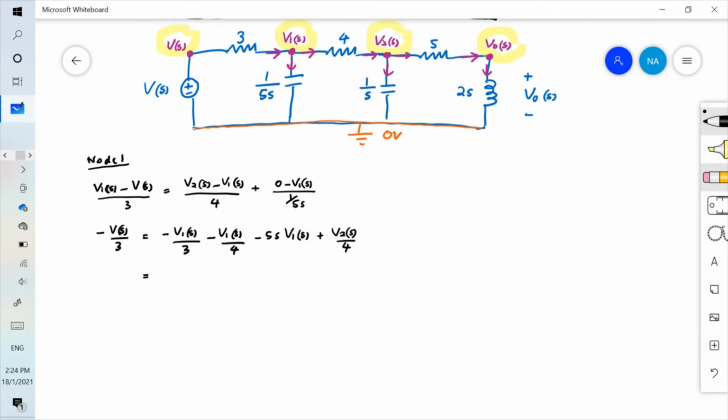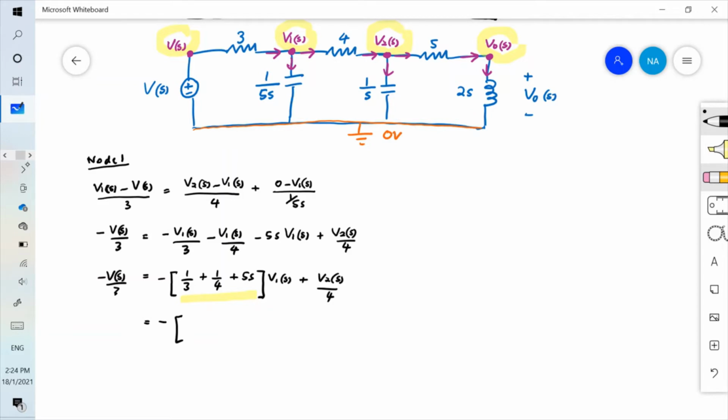Okay, so there is the common terms, which is V1S. Put them together. Okay, so right now I want to simplify my circuit so that the left hand term will be just left with VS. Okay, but first make sure that this term here is being simplified first.